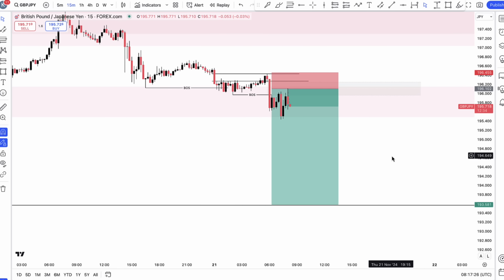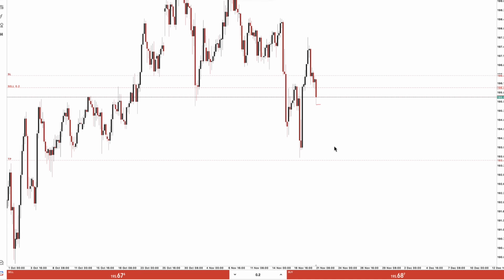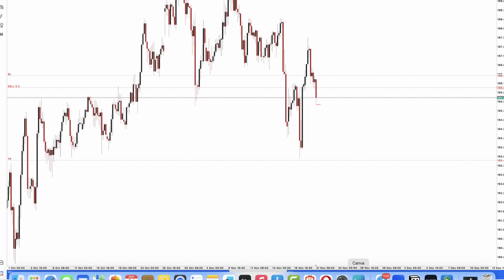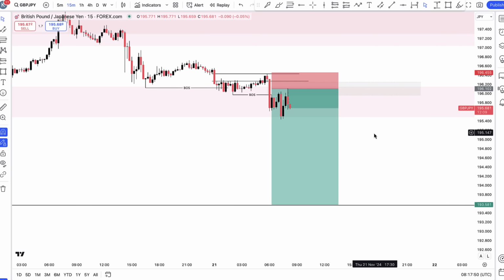I told you that there are two ways you can do it: either you do the confirmation or you take the trade on the time frame of your analysis. So I'm already in this trade right here. It's already running, so I'm just going to be watching how price will behave, and I will show you as price plays out. I will just record everything to the end.